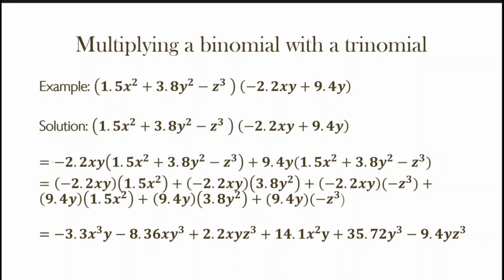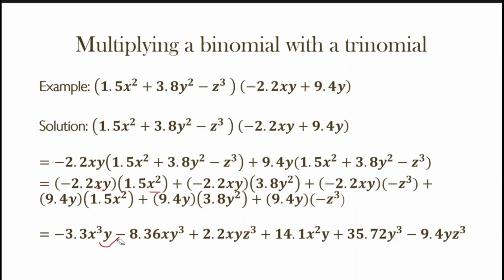Now let's solve. Again keeping those three things in our head: multiply the signs first, then the numerical coefficients, and then at the end the variables. When I multiplied minus 2.2xy with 1.5x square, the answer would be negative. I told you how. Then I multiplied 2.2 with 1.5, I got 3.3, and xy multiplied with x square. x and x square had the same base, so powers got added, we got x cube and y as it is, right?